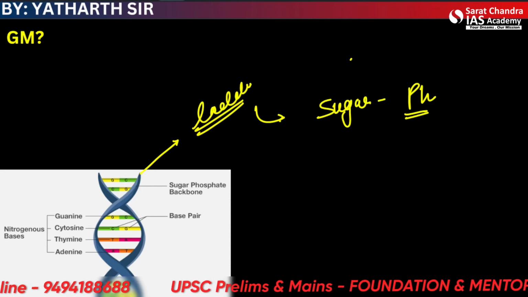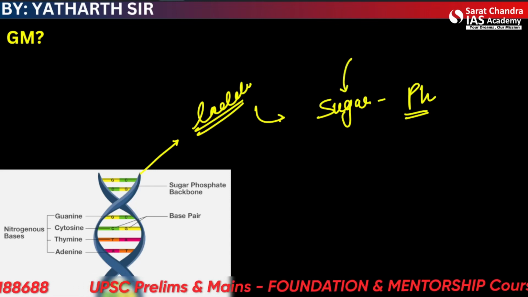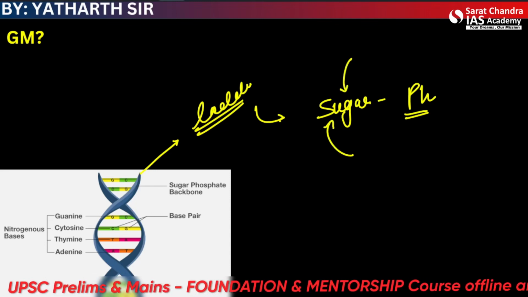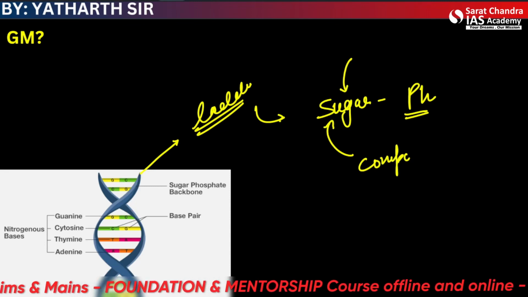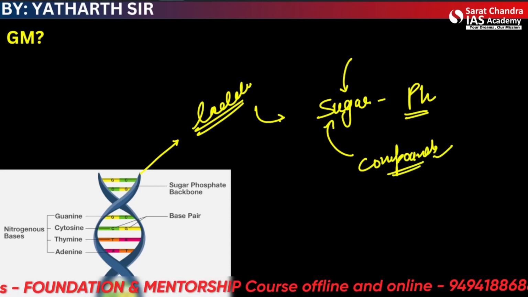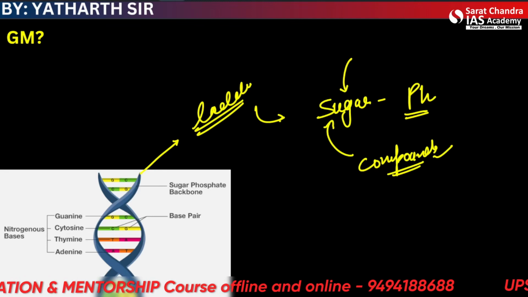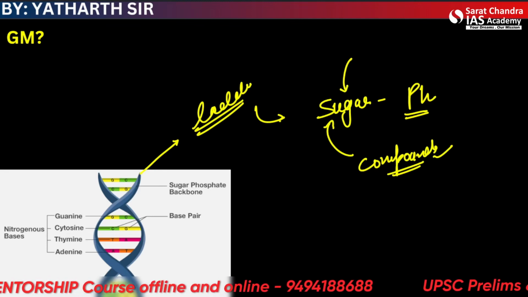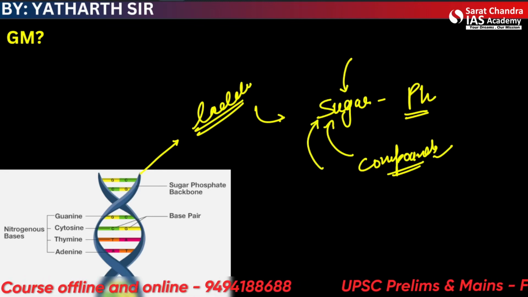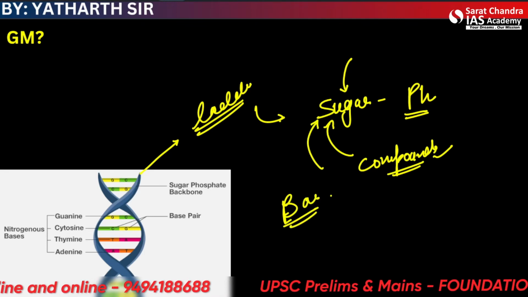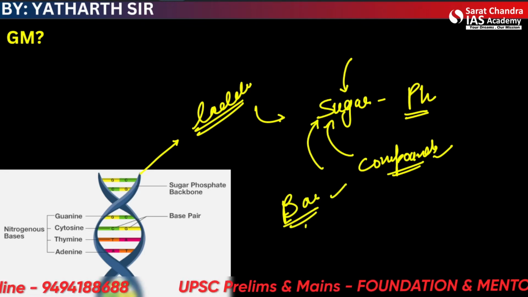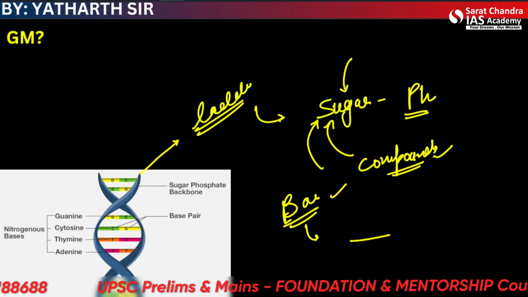Sugar does not mean the sweet sugar we eat. Sugars are specific compounds with various chemical properties. Then there are base pairs attached to the sugar phosphate, A, T, C, G or A, U, C, G, attached to each other by hydrogen bonding.